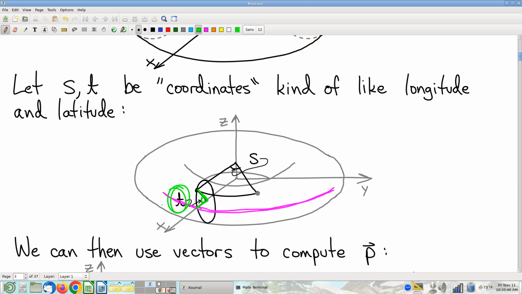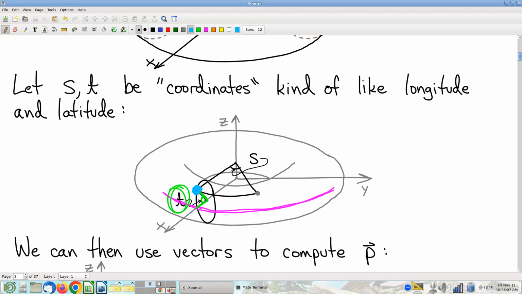The center of the doughy part of the donut, not over here. From the center of the handle, if you will. What is the angle that you would have to go, what you might call north, from the equator to get level with where you actually are? So that's what you might call latitude. This green angle you might call latitude.